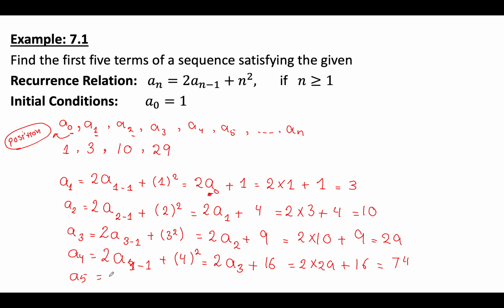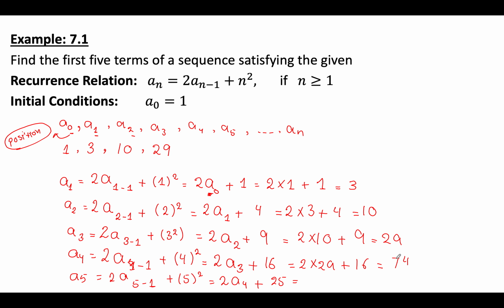and A5 is equal to 2A(5-1) plus 5 squared. Here we got that this is equal to 2A4 plus 25.